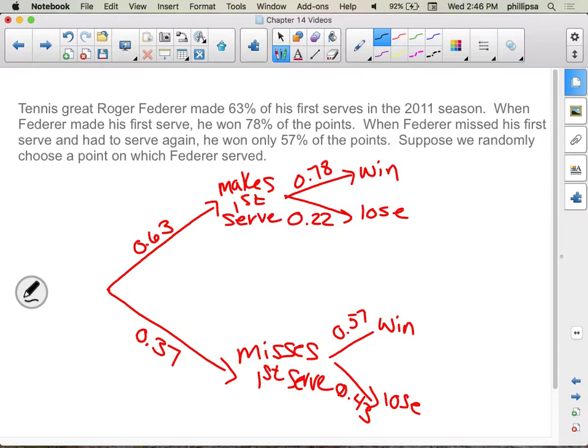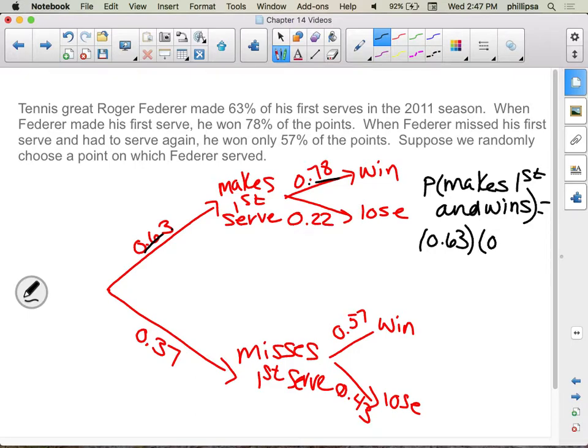If he makes his first serve and wins the point, what's the probability of that? You follow along: 0.63 times 0.78 means the probability that this will occur is 0.4914.